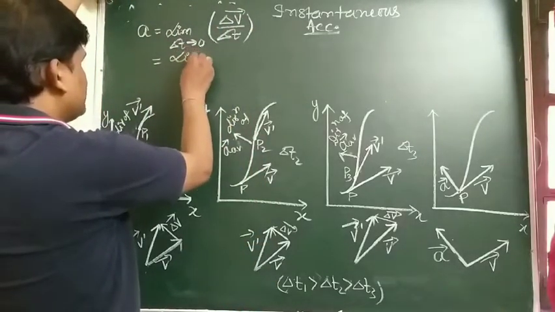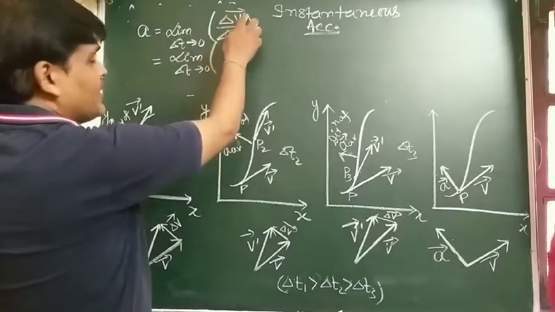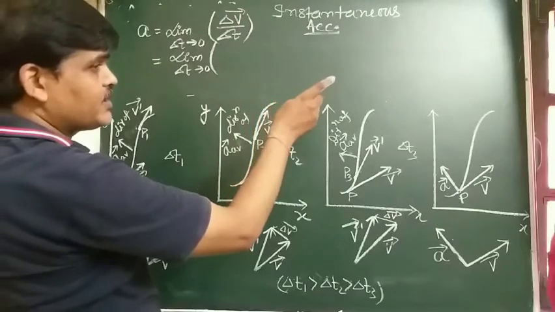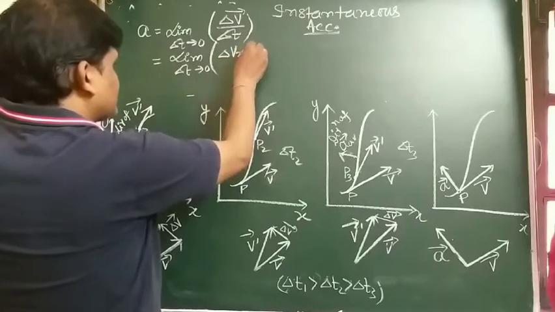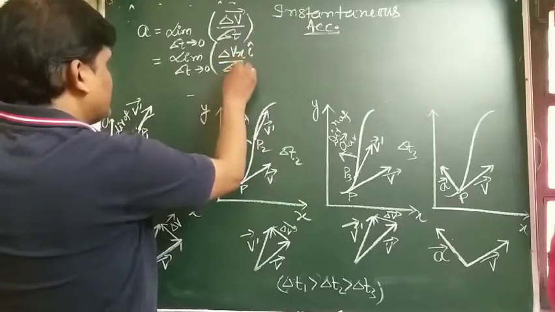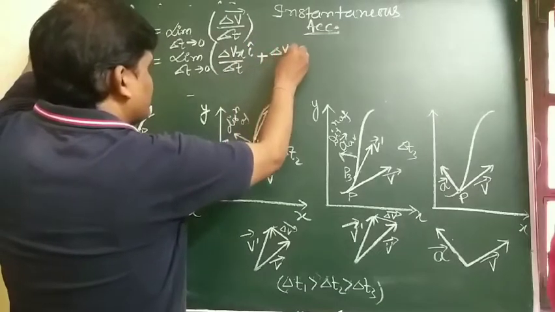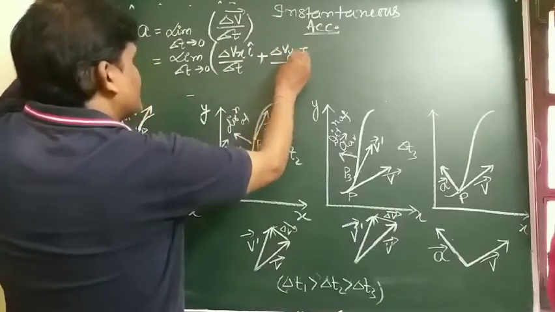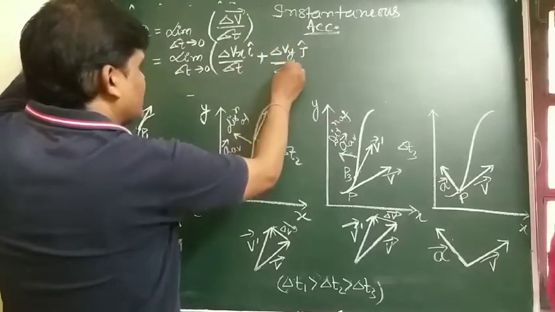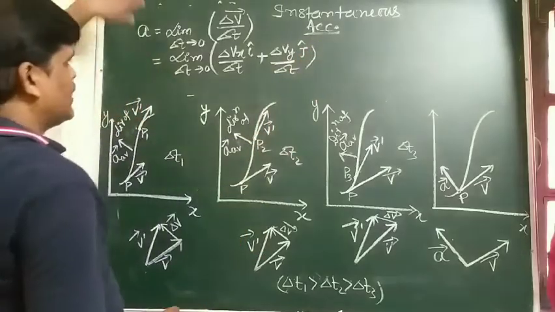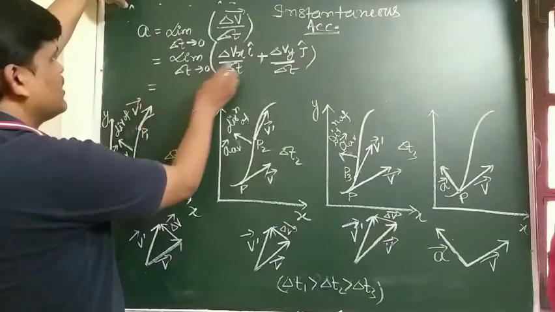limit delta t tends to 0, and v is vx i cap plus vy j cap. So this can be written as delta vx i cap by delta t, separate it, and delta vy j cap by delta t, separate it.